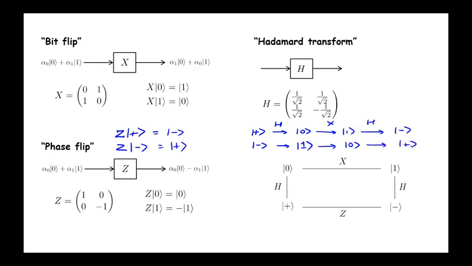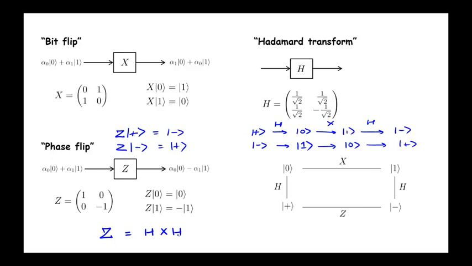So what is this sequence doing for us? If we start with a plus state, then our output is a minus state, and if we start with a minus state, our output is a plus state, which is exactly what we wanted. So what we can say is that Z is equal to H X H.